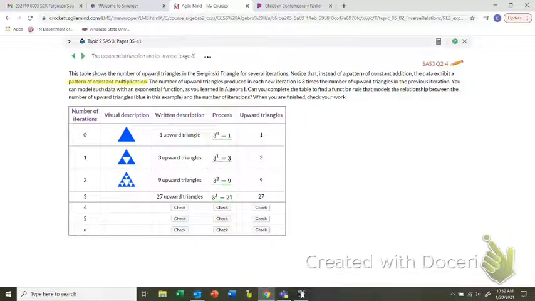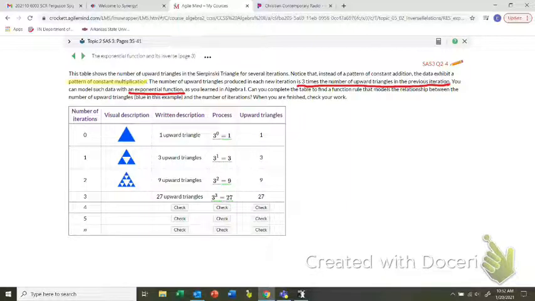The number of upward triangles produced in each new iteration is 3 times the number of upward triangles in the previous iteration. You can model such data with an exponential function. Can you complete the table to find the function rule that models the relationship between the number of upward triangles and the number of iterations? When you are finished, check your work.